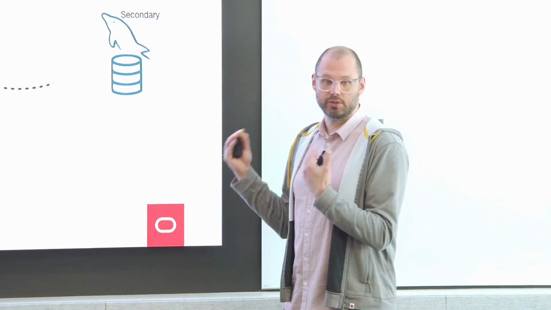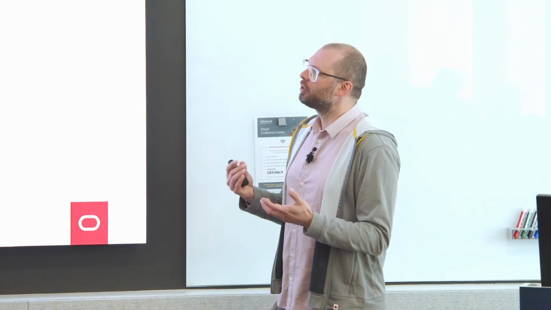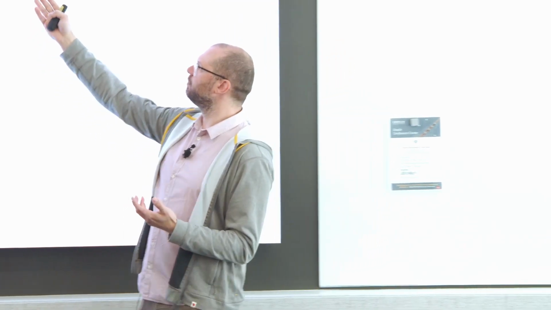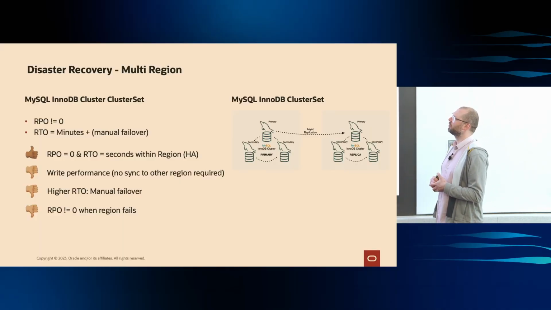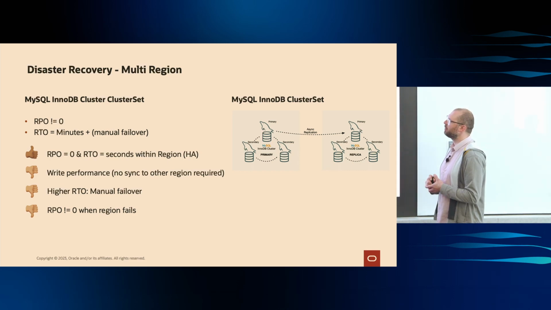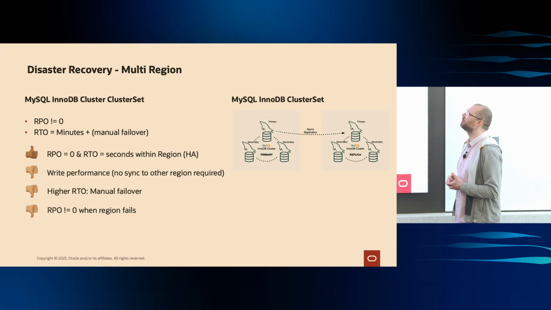It is a solution for some of our customers, but I would say that a majority of our customers are okay with some data loss when the issue happens. Data can still be recovered unless it's burnt down, of course, right? So data is still recoverable up to some extent in most situations. So here we provide high availability, fully automatic, but with some data loss and a manual failover between regions.